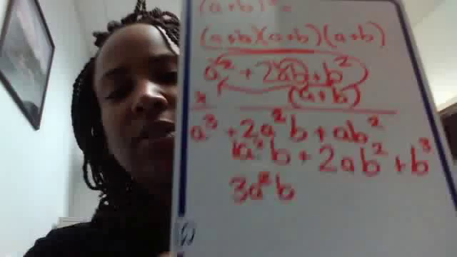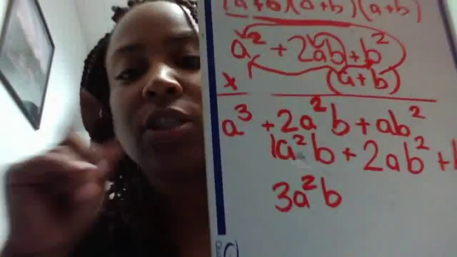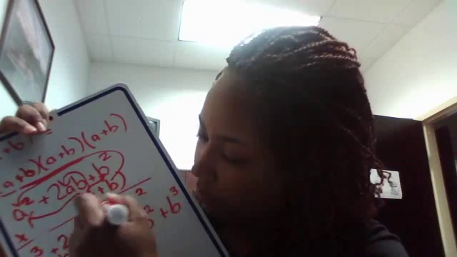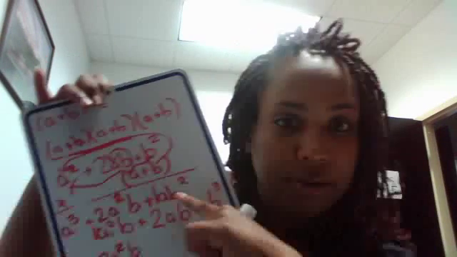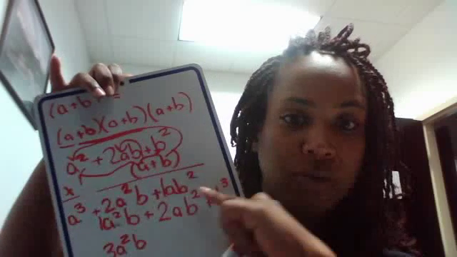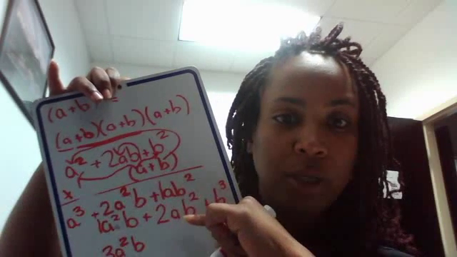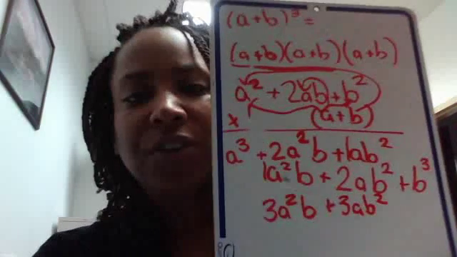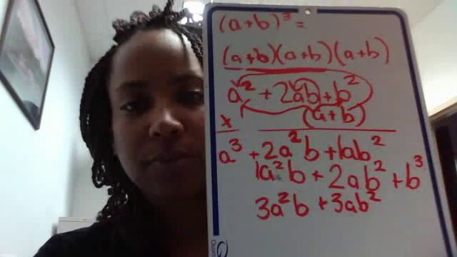Also, we have some more like terms. AB squared. Again, you can put your imaginary 1 in front of your number or your variables. So now you can add these two up, which will be what? 3AB squared. Now we have no more like terms.